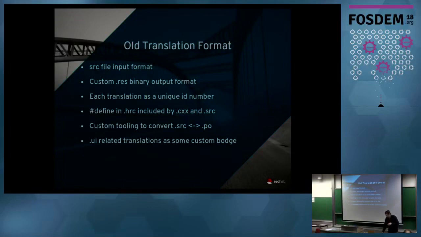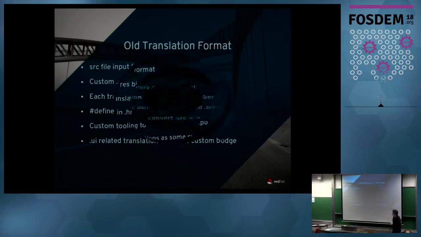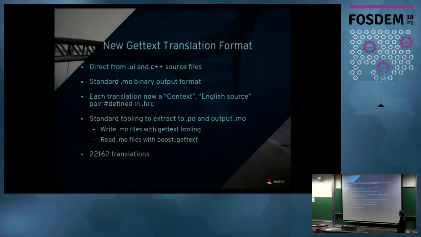What we've done at this stage for 6.0, I think, is that we have finally gotten rid of that file format and we're now using the more standard gettext file format. So it means that with gettext we can extract our translations directly from our .ui files and from our C++ with the standard tooling for that.